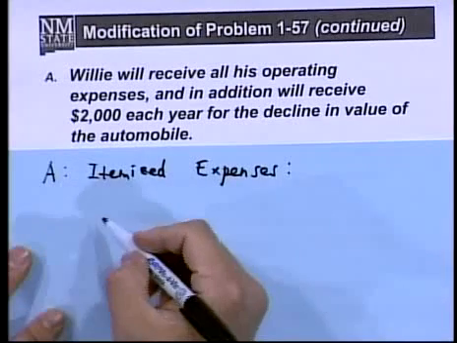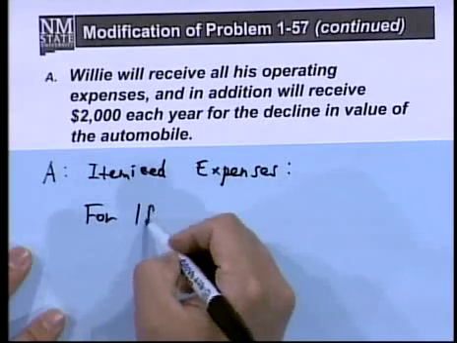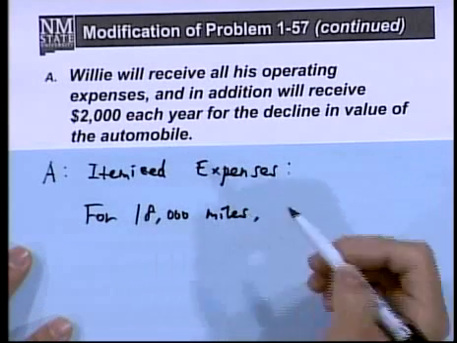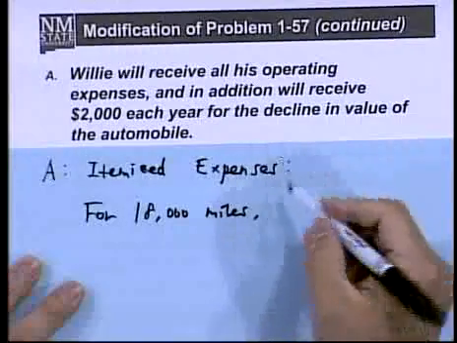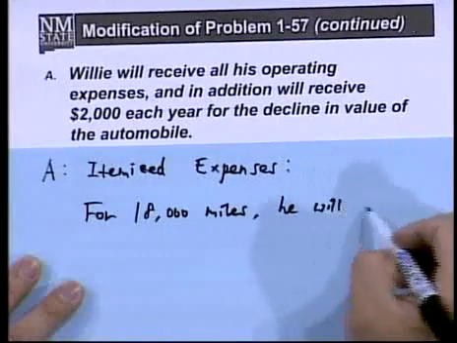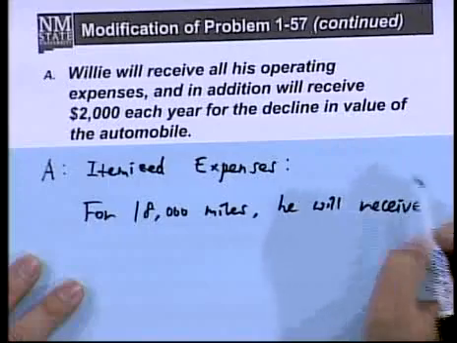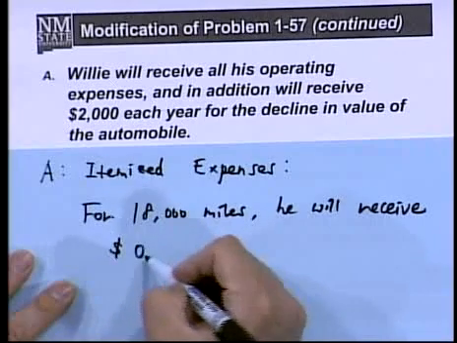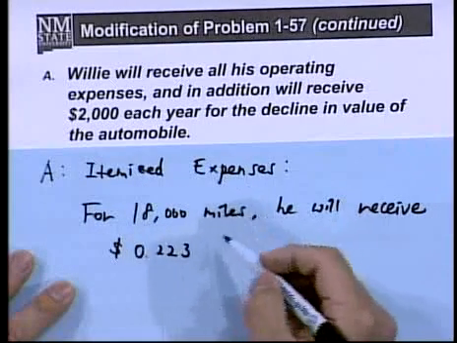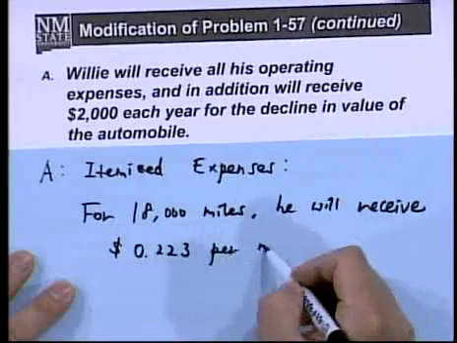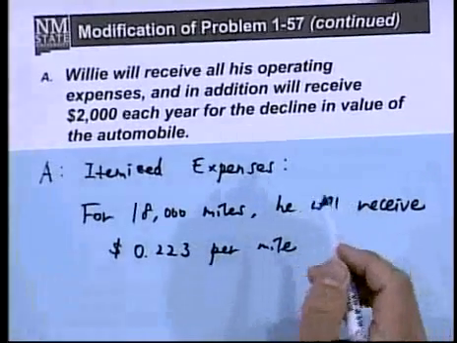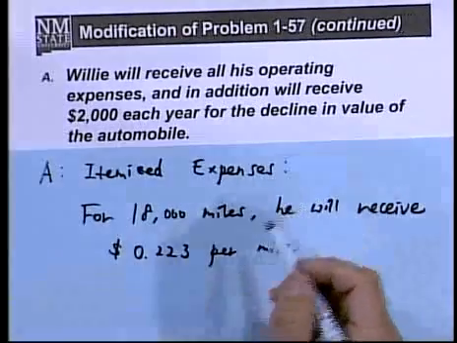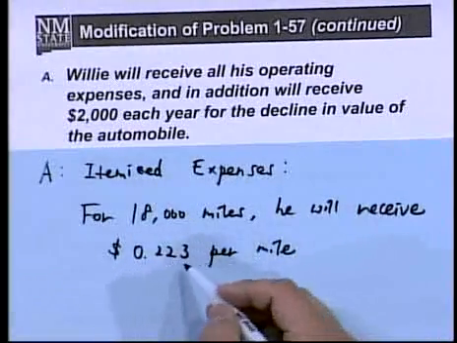So for the 18,000 miles, he will receive how much? $0.223 per mile, right? Because 22.3 cents is $0.223.